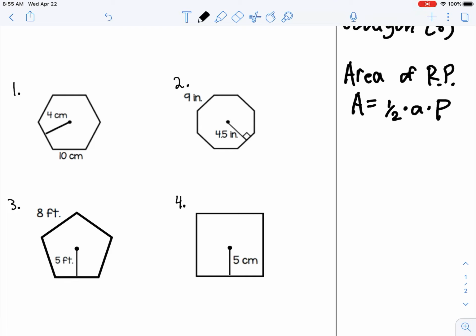We're about to talk about some new words here. That big A stands for area. That little a stands for a new word, apothem, and I'll tell you what that is in just a minute. And that P stands for perimeter. Those words should be familiar.